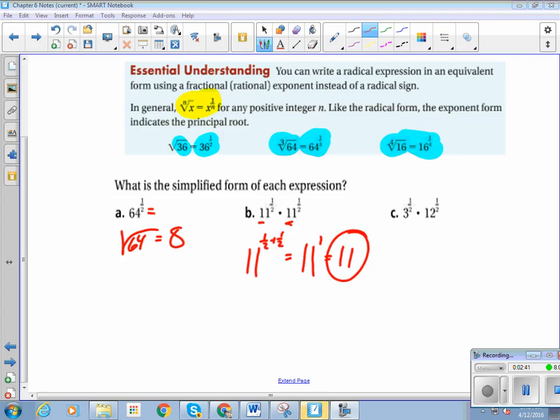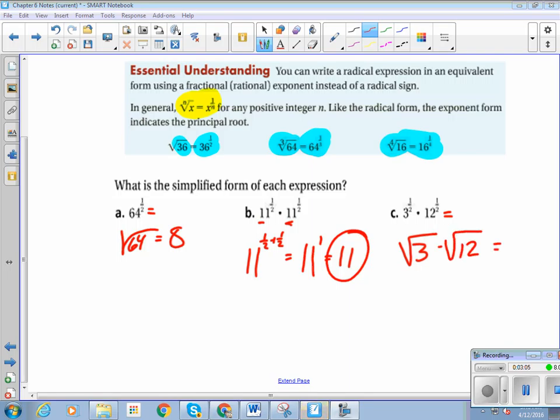3 to the 1/2 power times 12 to the 1/2 power. This is the same as the square root of 3 times the square root of 12.